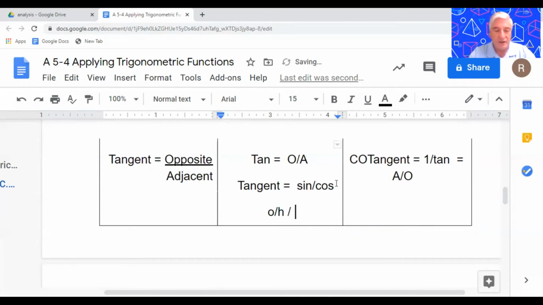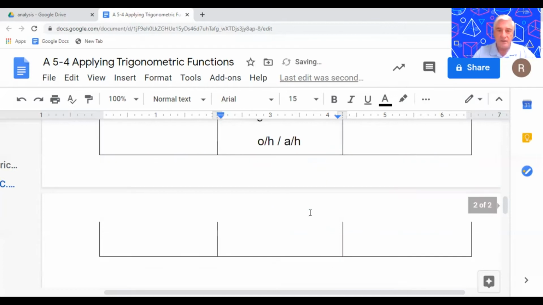And cosine is A over H. And when you invert this second one, flip it, and multiply, you get OH over AH, and the H's, of course, cancel out. So we'll delete them. What do you get? You still get tangent equal O over A.